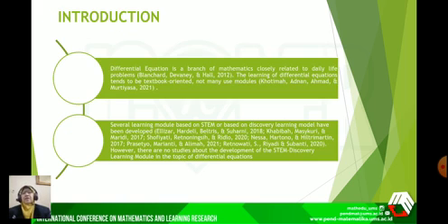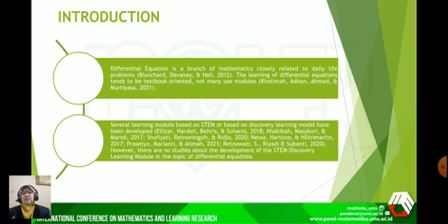Introduction. Differential equation is a branch of mathematics closely related to daily life problems. The learning of differential equation tends to be textbook-oriented. Not many use modules (Khotimah et al., 2020). Several learning modules based on STEM or on the discovery learning model have been developed.